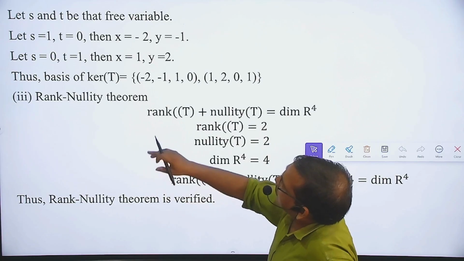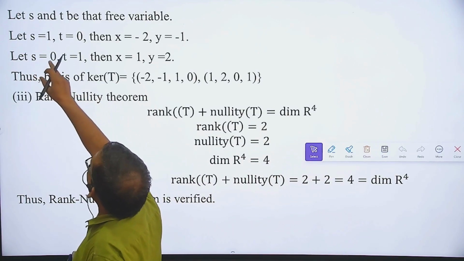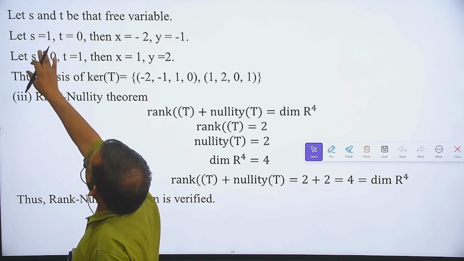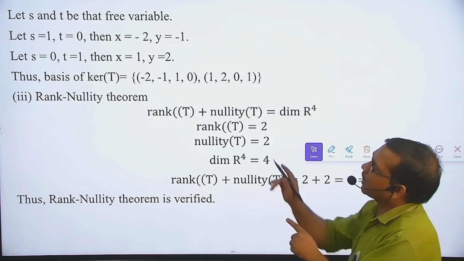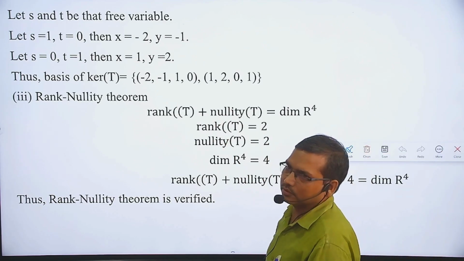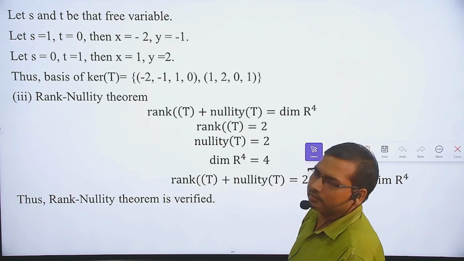For getting a basis of the null space, we suppose that the two free variables are s and t. These s and t will be linearly independent.